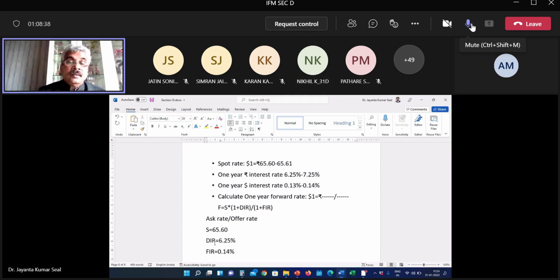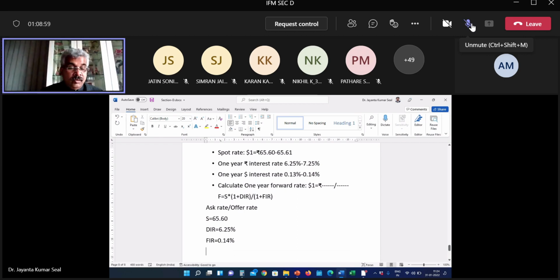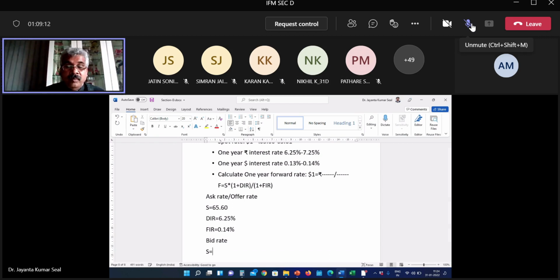Now, if you take these rates, what will be the bid rate? If I use this rate, what will be the bid rate? 69.6025, sir. For the bid rate, your spot will be equal to 65.61.